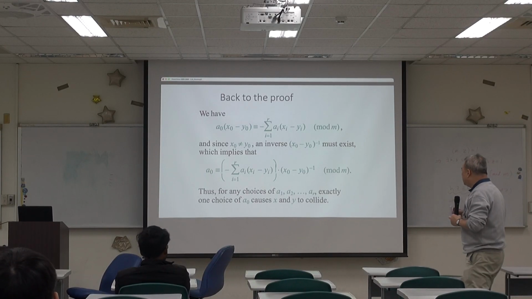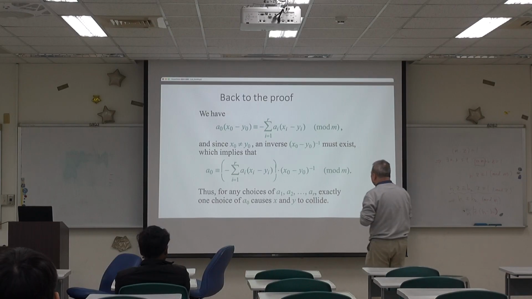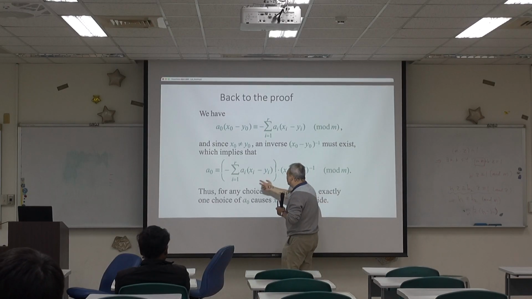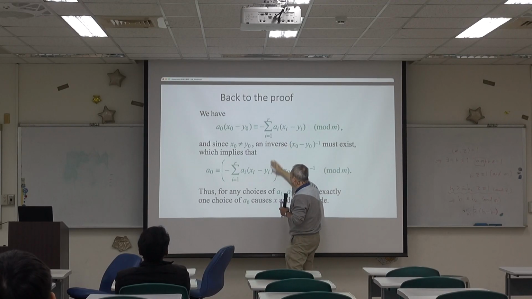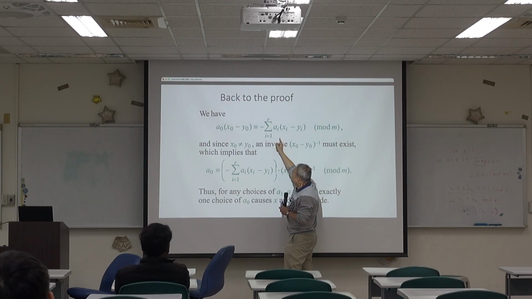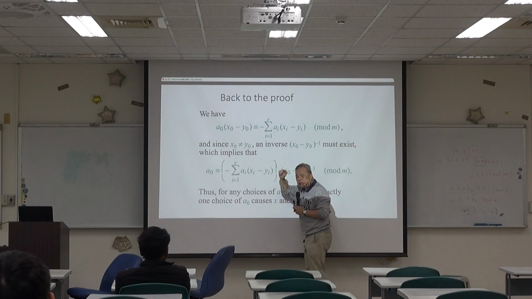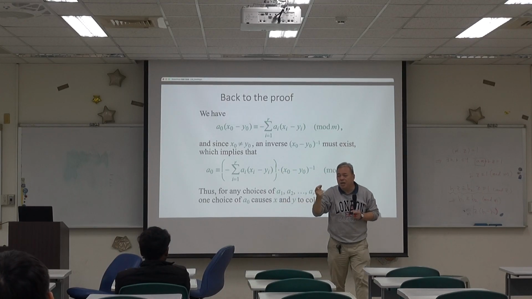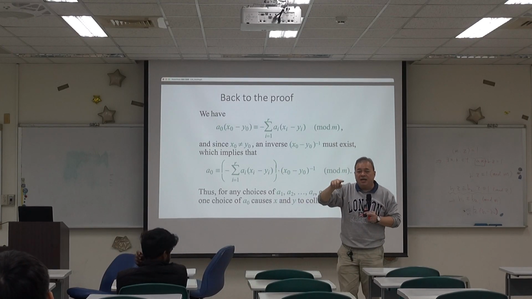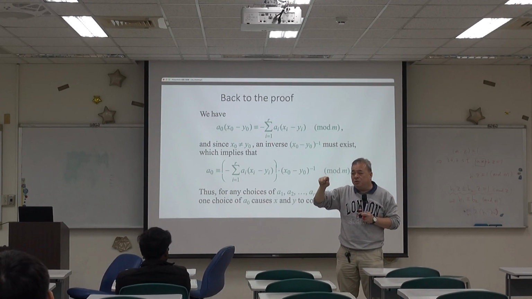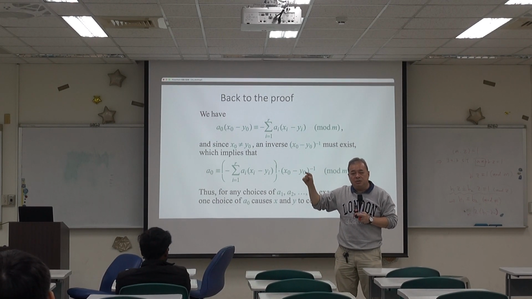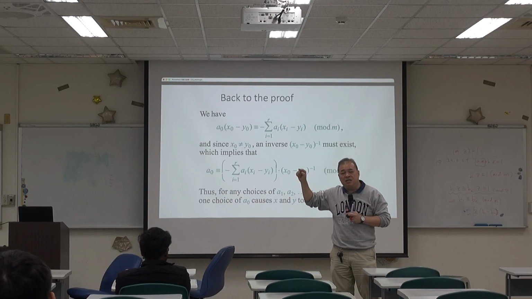How many choices do we have here? A1 has n choices, A2 has n choices, A3 has n choices, AR has n choices.